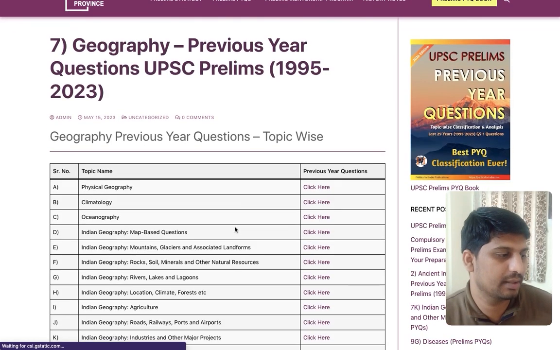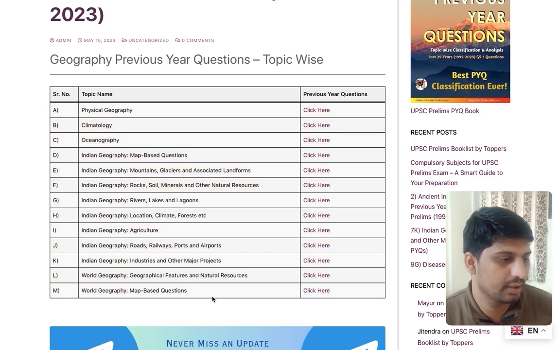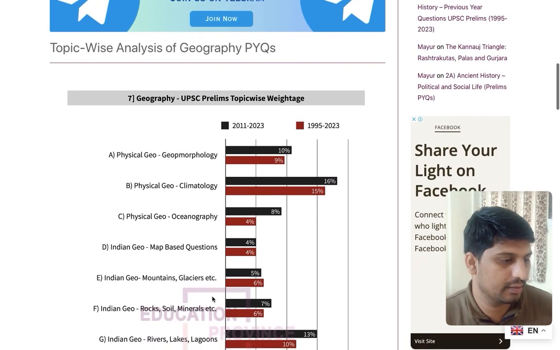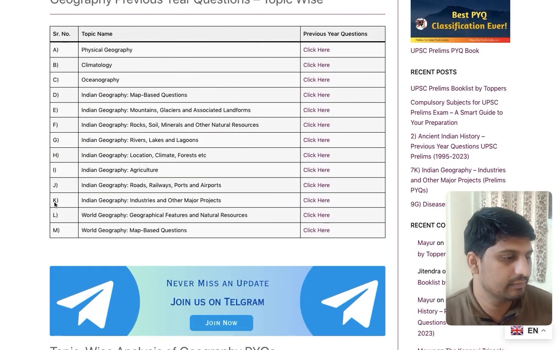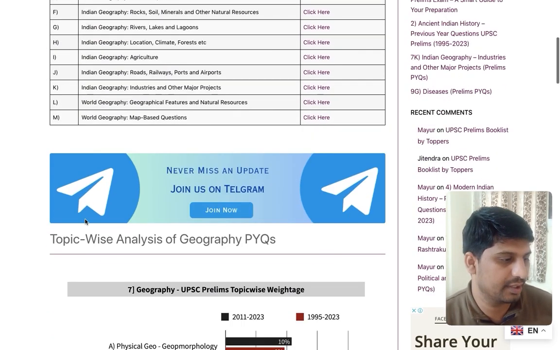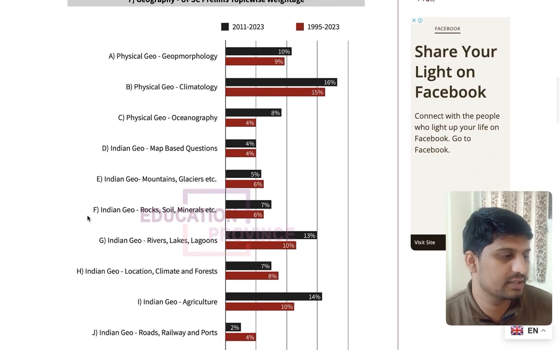This is the official syllabus. This is the detailed syllabus for geography, which is based on PYQs. Now over here there are 13 topics. This is the relative weightage. Now if you see, there is physical geography, geomorphology, there is climatology, oceanography.